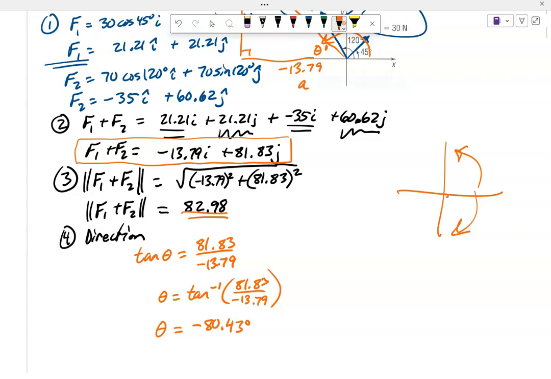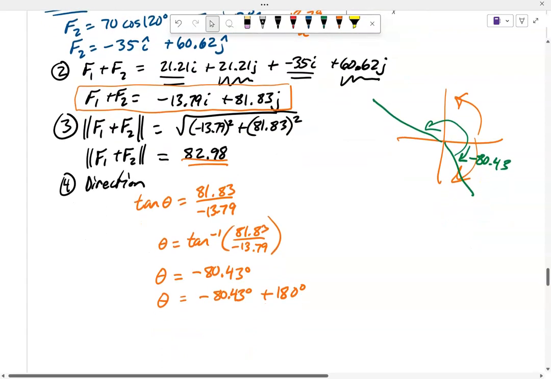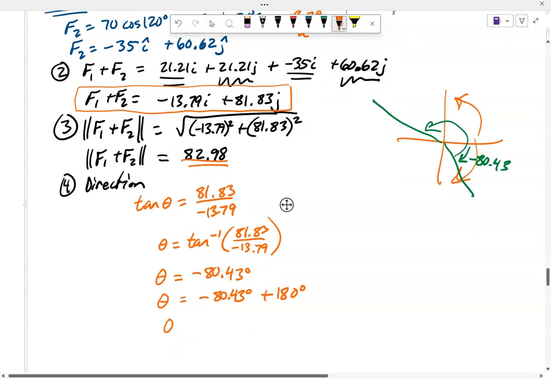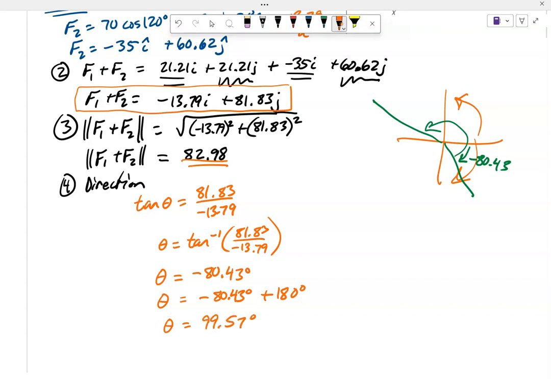It's giving me this angle, negative 80.43, but we want the one over here. So we have to add 180 degrees to that, because this is in quadrant 2. Theta here ends up being 99.57 degrees.